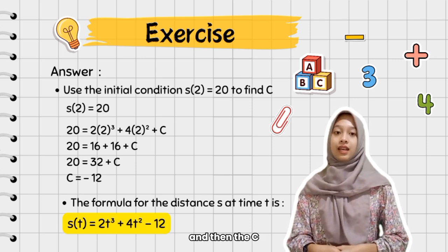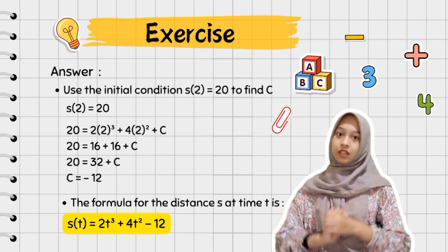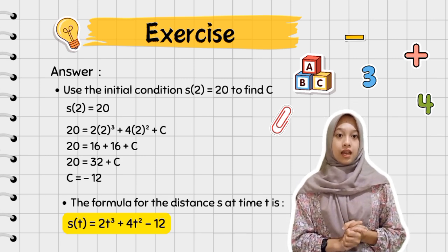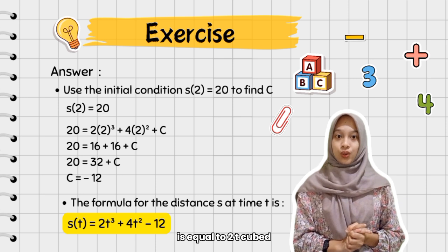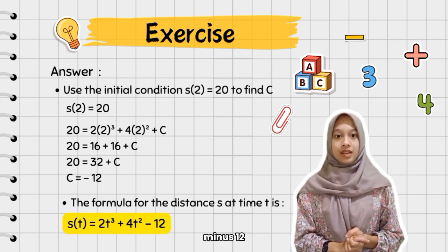And then c is equal to minus 12. So the formula for the distance s at the time t, s(t), is equal to 2t cubed plus 4t squared minus 12.